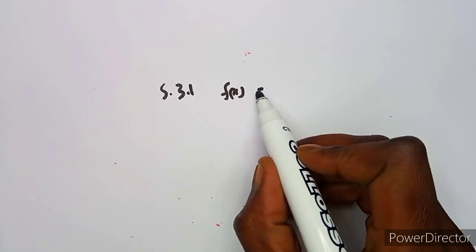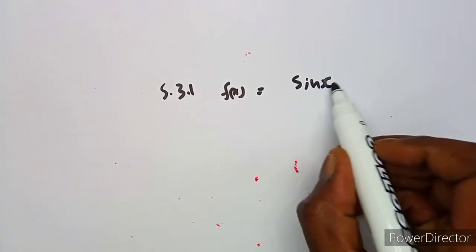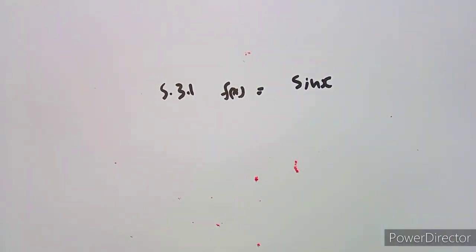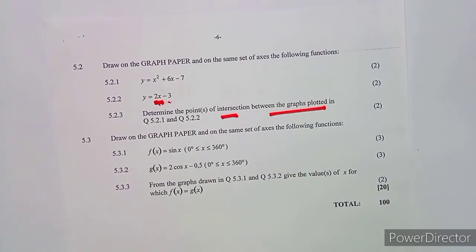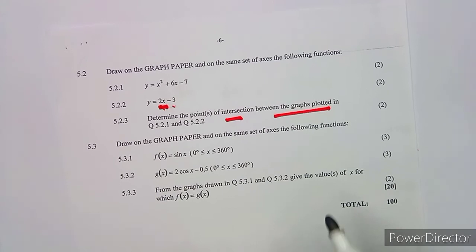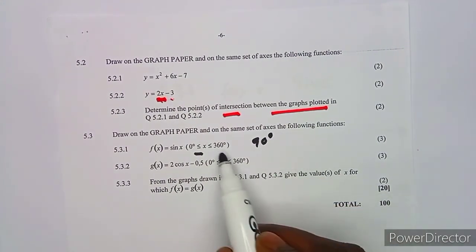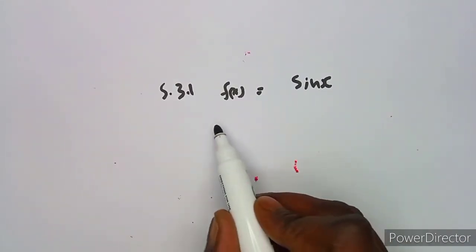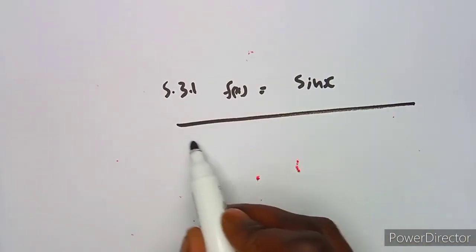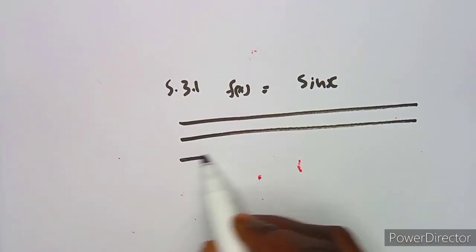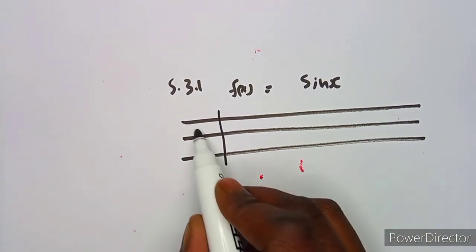Okay, f of x is equal to sine x, and we are given an interval from 0 to 360. So mostly it is best for you to separate with 90 degrees. That is what is best for me, guys, to separate this by 90 degrees.